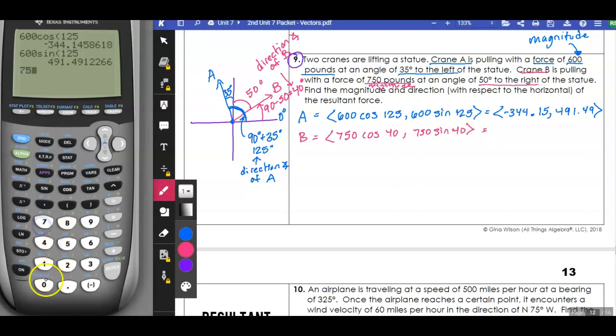And then in the calculator, 750 cosine 40, and you get 504.53, comma, 42.09. Now what?